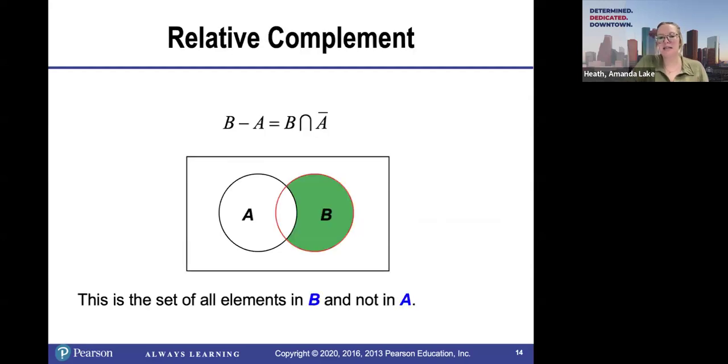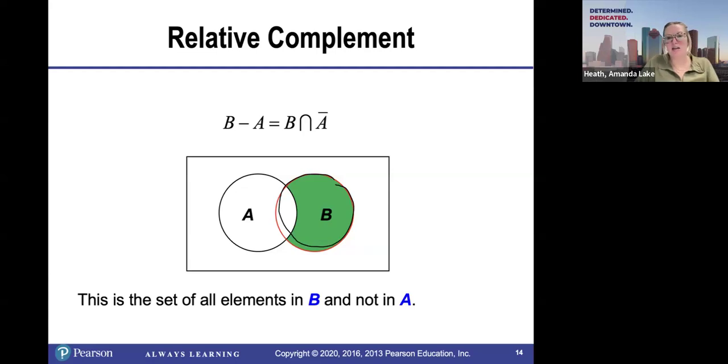We would depict this here by all of the elements of B, except we take out the elements of A. So the set of elements all in B, but not in A. And this is actually the same thing as if we were to intersect the set B and the set of A complement.